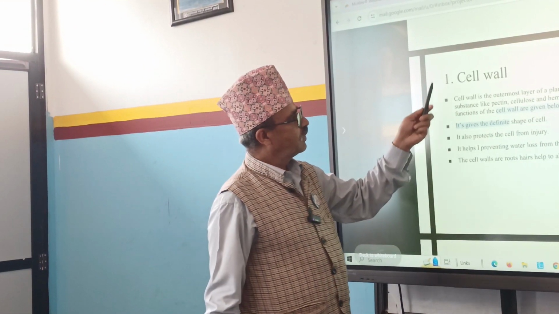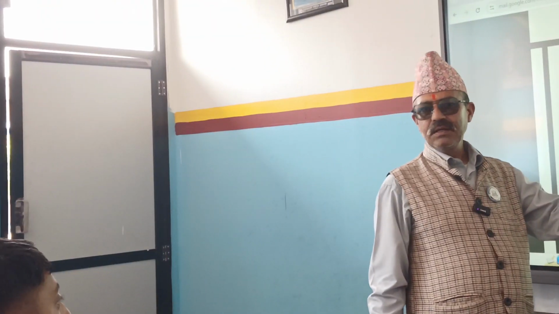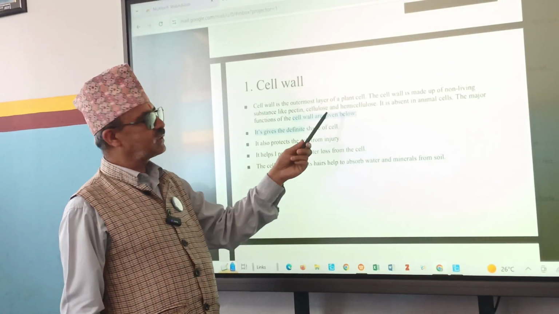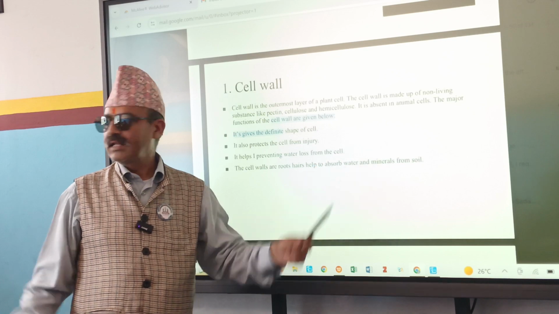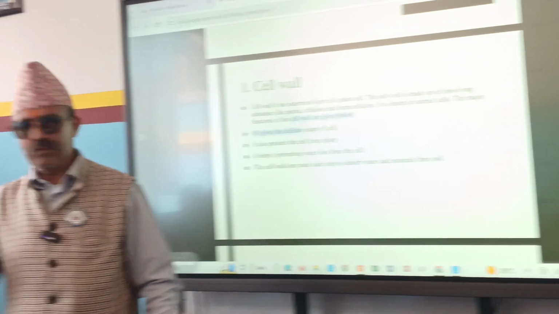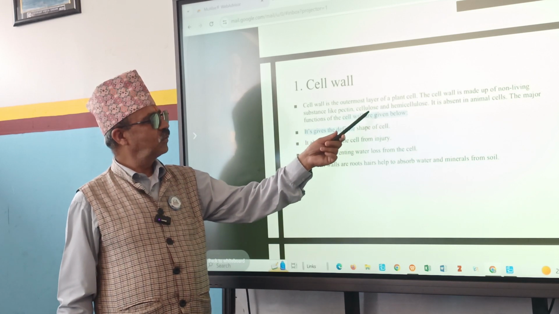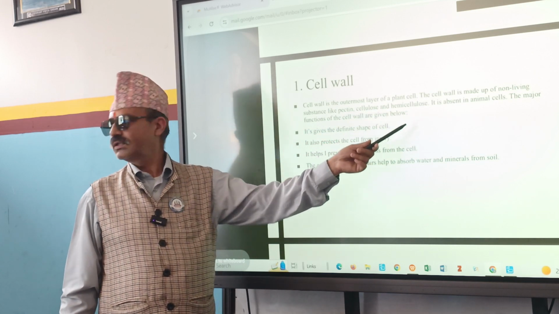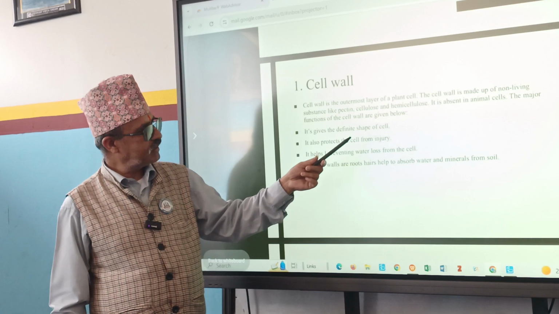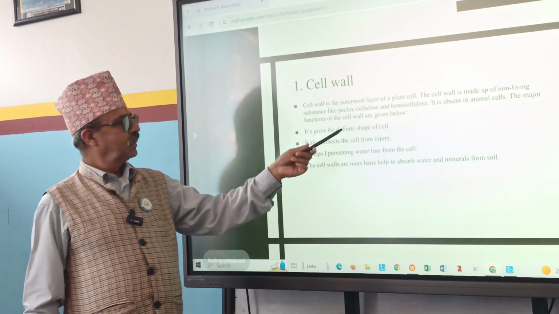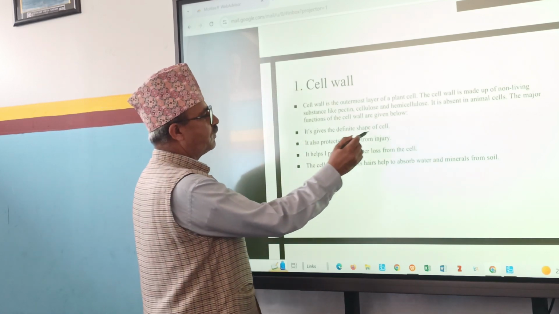Here is cell wall. Where is cell wall present? It is present in the outermost layer of plant cell only. That's why plant cell is hard. What is the plant cell wall made up of? Pectin, cellulose, and hemicellulose. Three things are there. All right. And what are the functions? Gives definite shape.